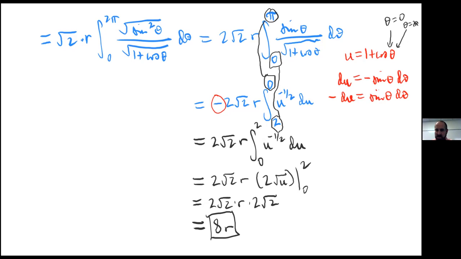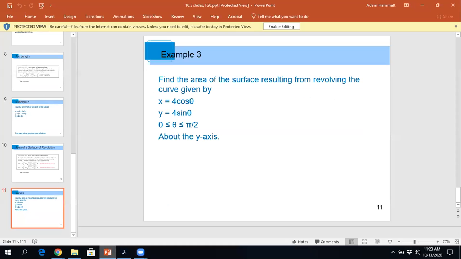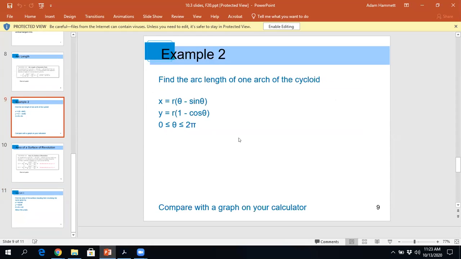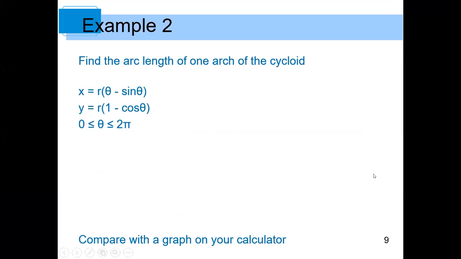All right, well, I think that's pretty cool. So let's go in here. So that was this guy right here. Okay, so what we ended up getting here was the arc length of one arc of the cycloid.